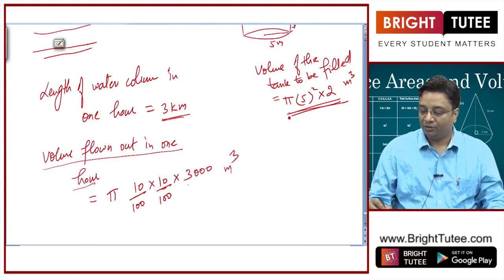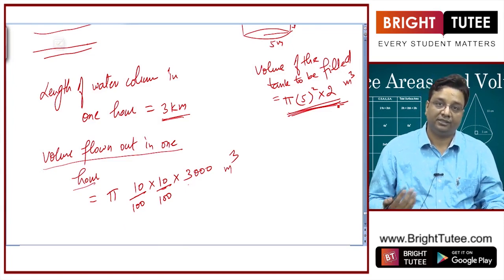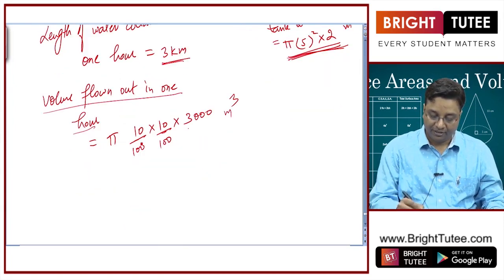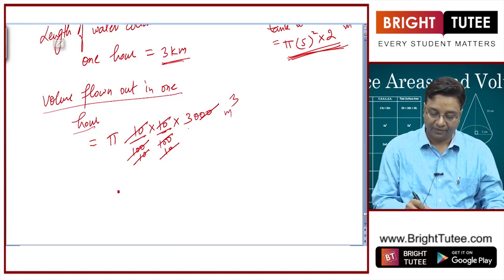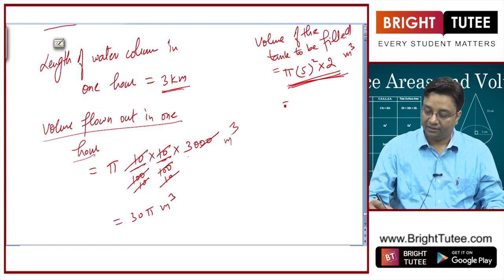So this much volume will flow out in how many hours? This is what we need to calculate. So 10 into 10 is 100, so this is 30 pi meter cube, and this is 5 into 5, 25 into 2, 50 pi meter cube.